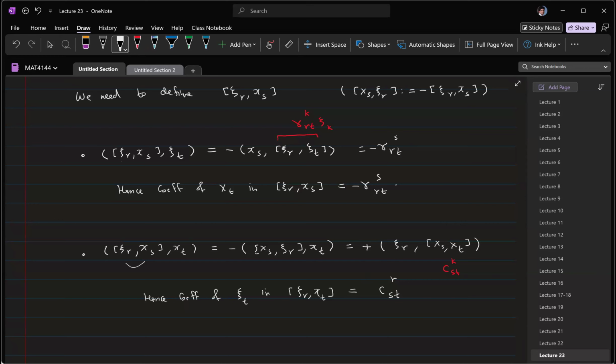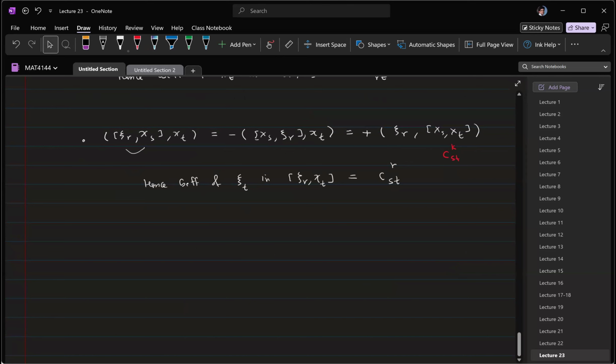All right, so now we actually got an explicit formula for that mysterious Lie bracket we were looking for.